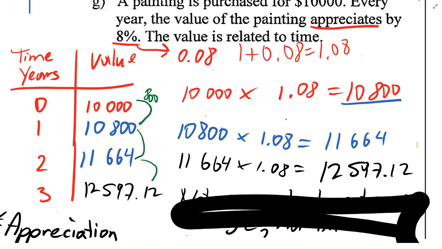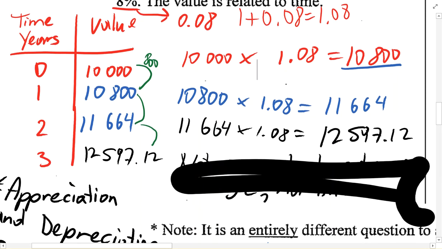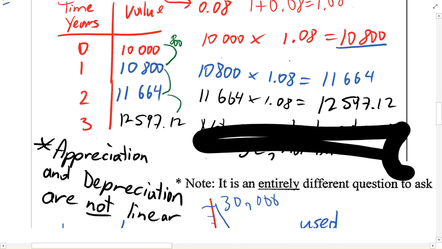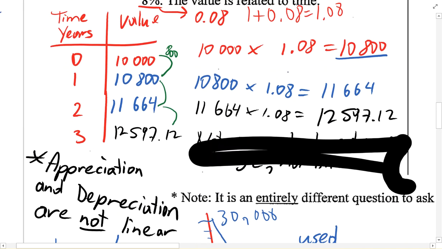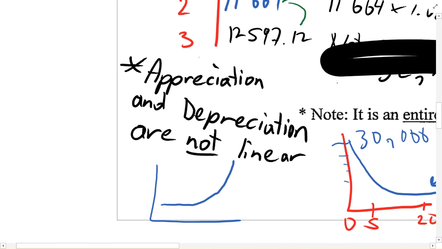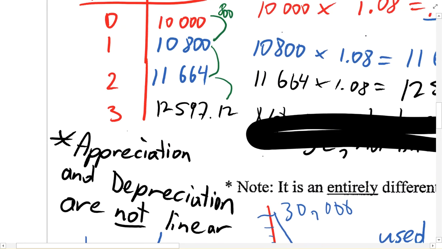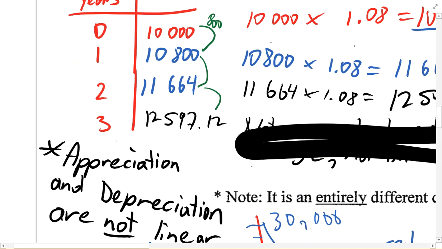So it's not going to be linear, because it's not going up by the same amount each year. So what we say is this is appreciation. Appreciation and depreciation are not linear. If you graph that, you would have what we call exponential growth and decay. Okay. So just note that appreciation and depreciation are not linear.